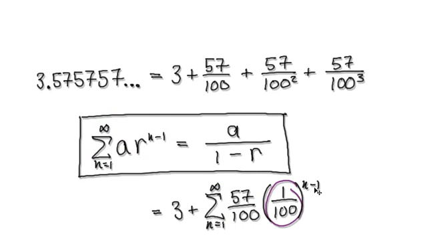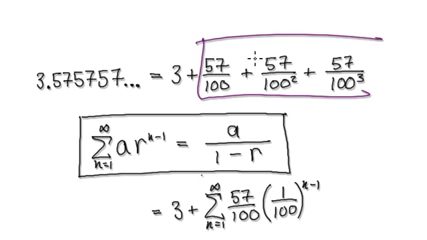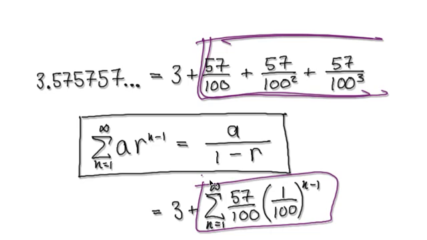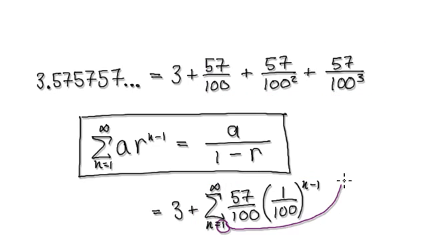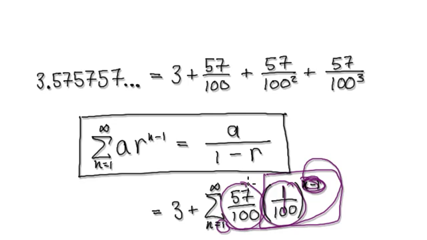Now you can rewrite this whole thing here as this, because when n is 1, put 1 into here. This will be 0, and anything to the power of 0 is 1, so your first term will be this.